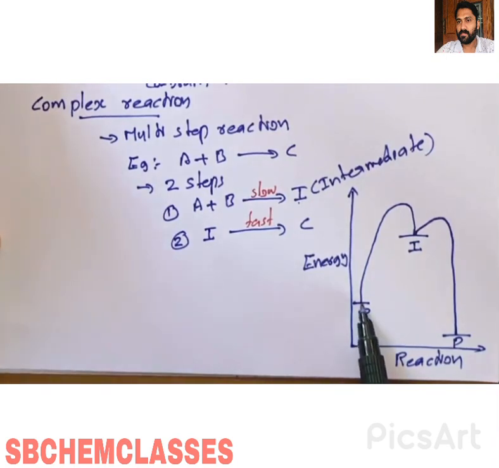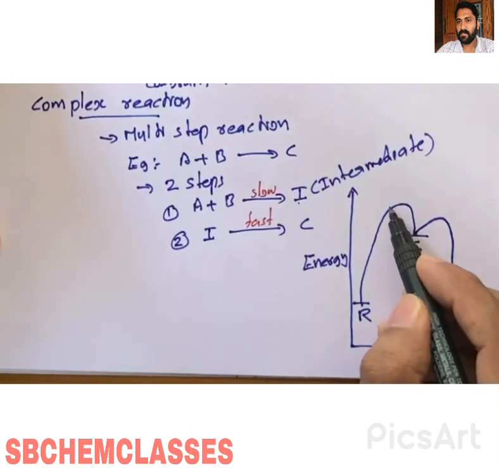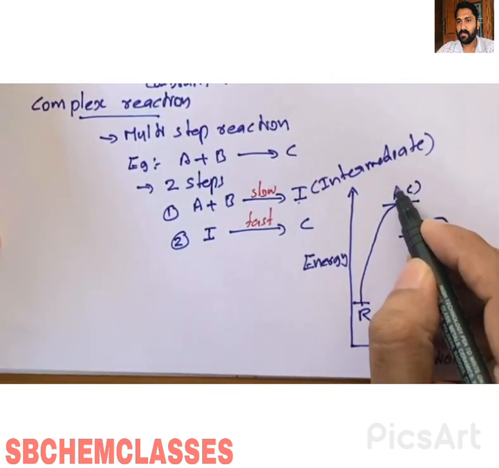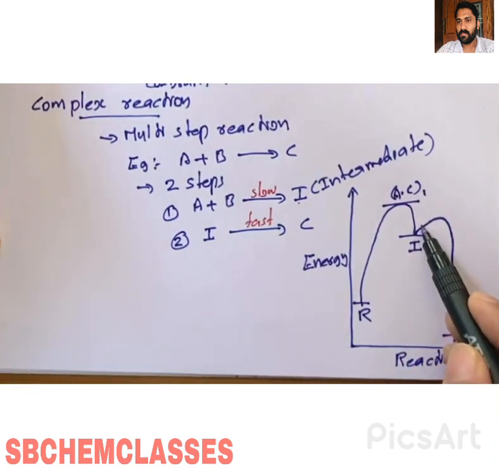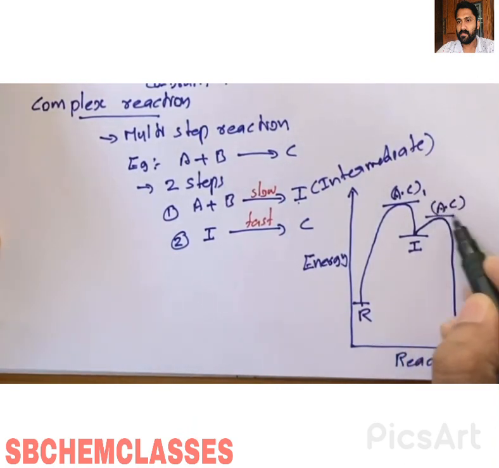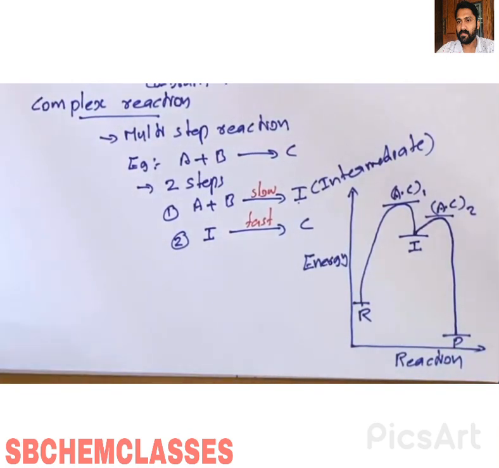In the first step, reactant is converted to intermediate through an activated complex. So in one step there is one activated complex. In the second step, the intermediate is transferred to product through another activated complex. So in a complex reaction, intermediate and activated complex are both present.